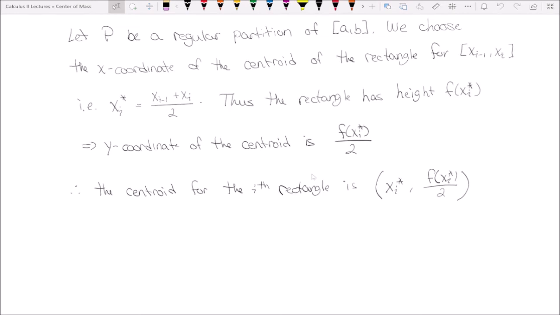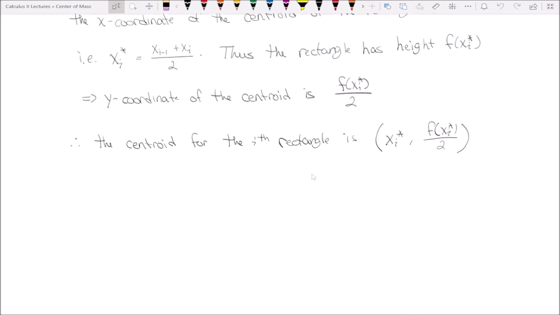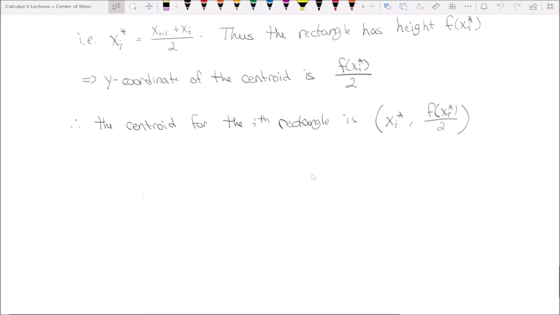Now, treating the rectangle as a point mass at the centroid will not change the moment. So, the moment of the rectangle with respect to the x-axis is the mass of the rectangle times the distance the centroid is from the x-axis. In other words, this is the x moment.